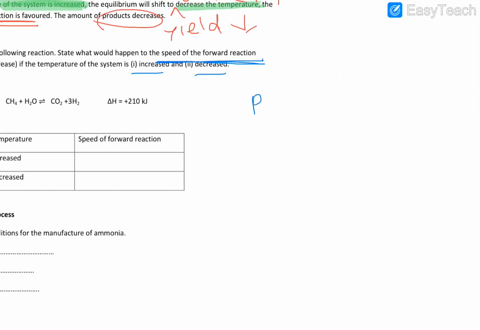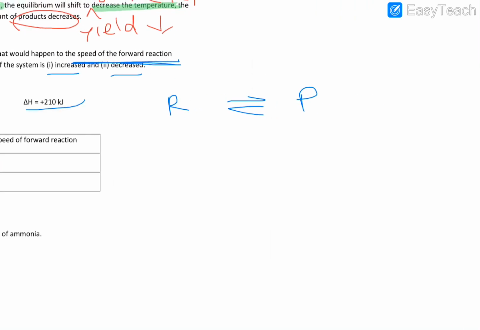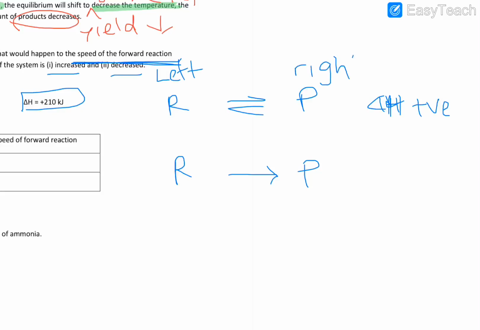So we have the reactants, we have the products, and delta H is positive. From reactants to products, reactants that's the left side, this is the right side.